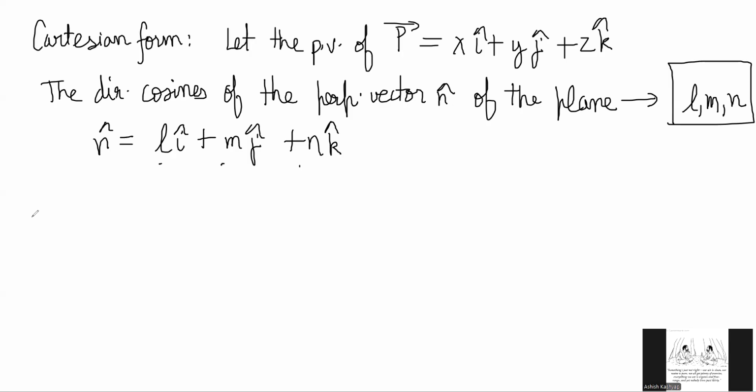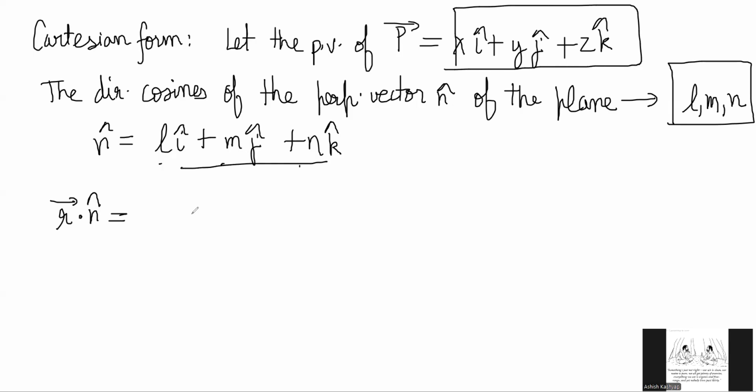So we can say r dot n, if you calculate r dot n, that would be the dot product of this vector and this vector, right? That will be equal to p, because that is the equation of the plane.